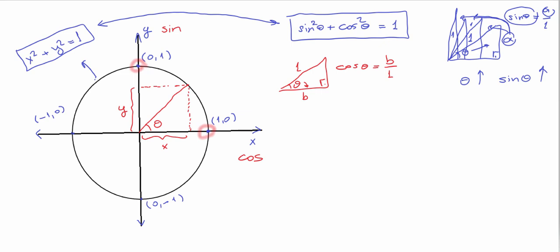What happens to B when theta gets smaller? The smaller the theta gets, the bigger the B gets, because I'm not changing the hypotenuse. And the bigger the theta gets, the smaller the B gets. So that means when theta gets bigger, cosine theta gets smaller.